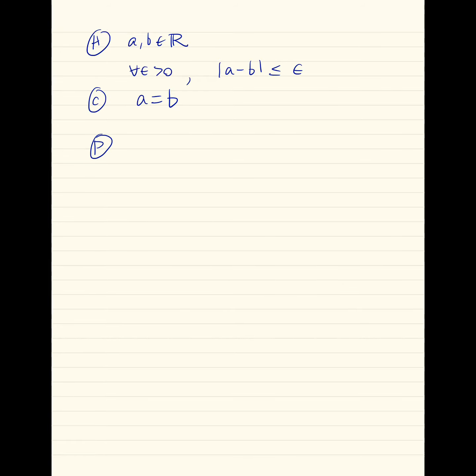All right, so for our proof, again, we're going to do a proof by contradiction. Suppose not. So if A is not equal to B, that means that the distance between A and B is bigger than 0, right?